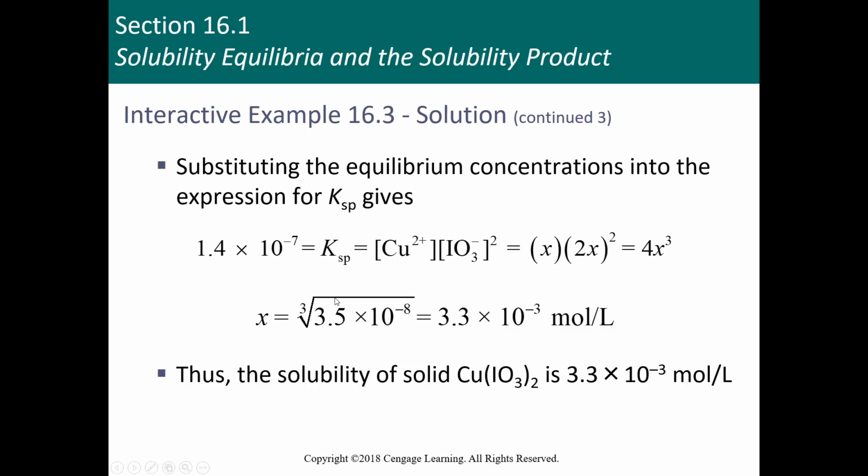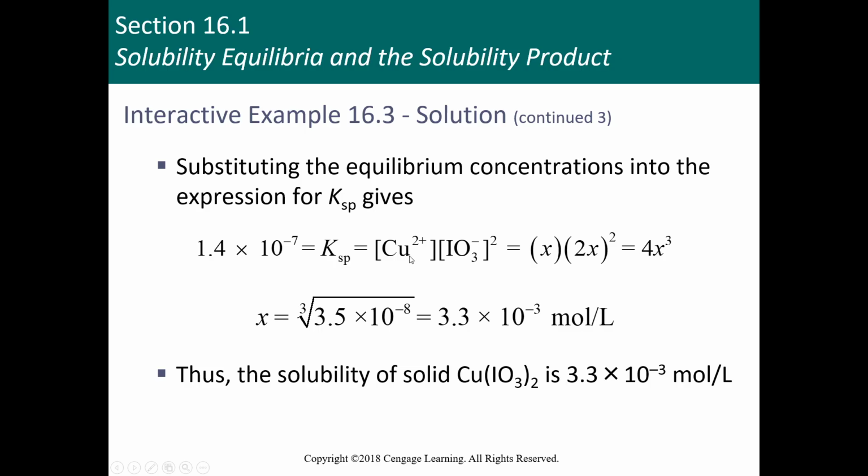Now, notice right here, by the way, if you want to do a cube root, but you're having trouble getting the root with an X that you can fill in, note that you can just do this. You can take this value right here and take it to the 1/3 power. That's the same thing as a cube root, okay? Now, this right here, 3.3 times 10 to the negative third molarity, that is your concentration for that X. Well, the concentration of X is the same thing as the concentration of the copper.